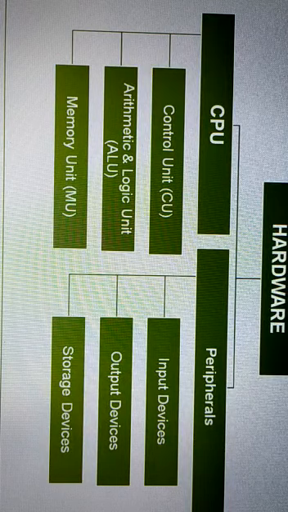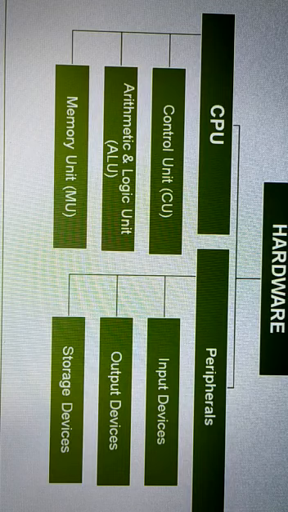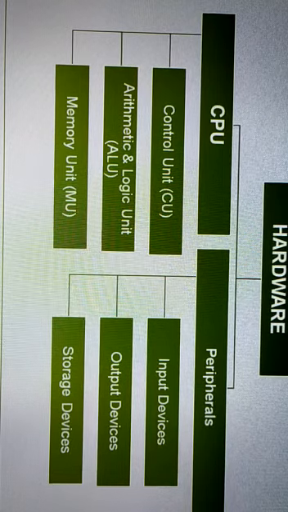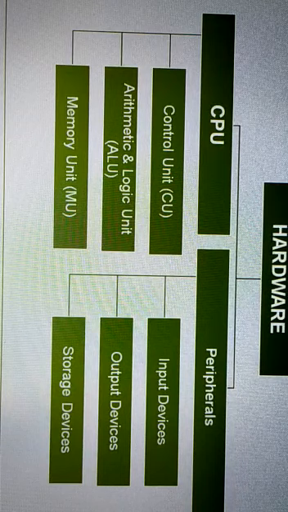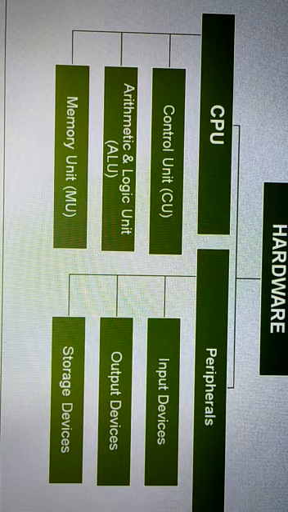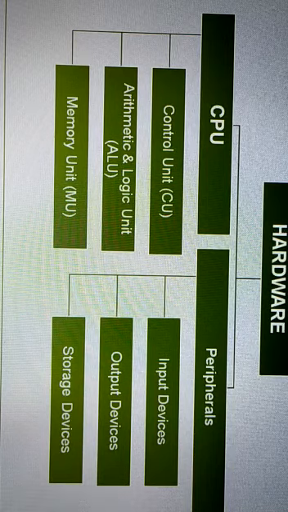Basically, when we define hardware, we can say that hardware refers to all the physical or tangible equipment associated with the computer. It includes the CPU, input-output devices, secondary storage devices, etc.